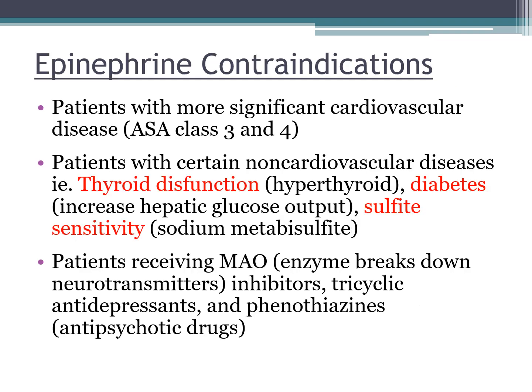But epinephrine has contraindications, which you need to know about. This is just a repeat of what we've already discussed in previous slides: patients with more significant cardiovascular disease, class 3 and 4 ASA, patients with non-cardiovascular diseases, thyroid dysfunction, diabetes, sulfite sensitivities, patients receiving MAO inhibitors, which inhibit the enzyme breaking down neurotransmitters, tricyclic antidepressants, and phenothiazine or antipsychotic drugs.